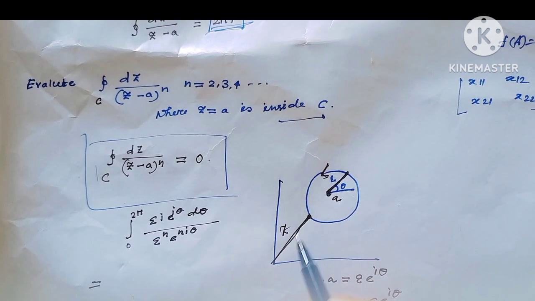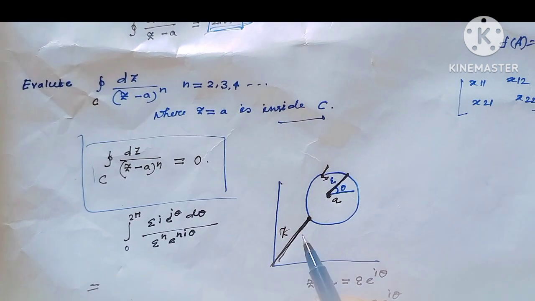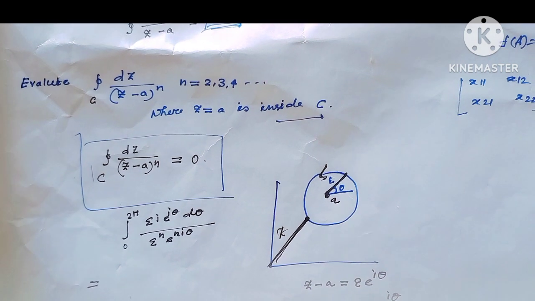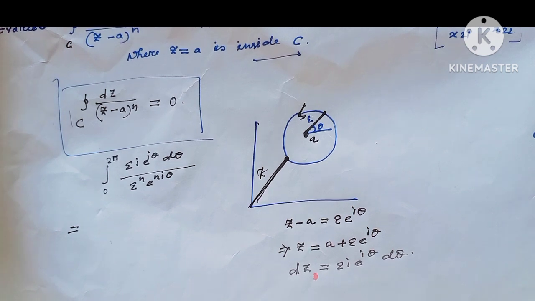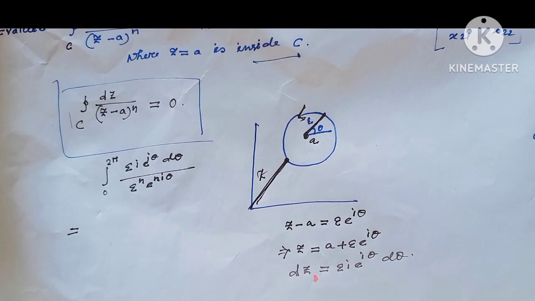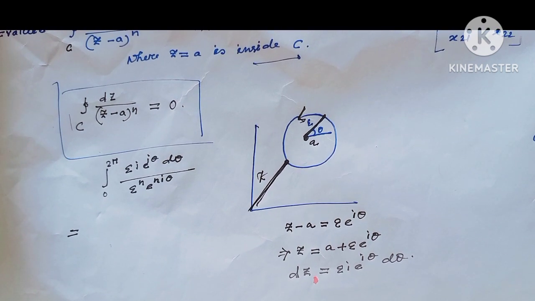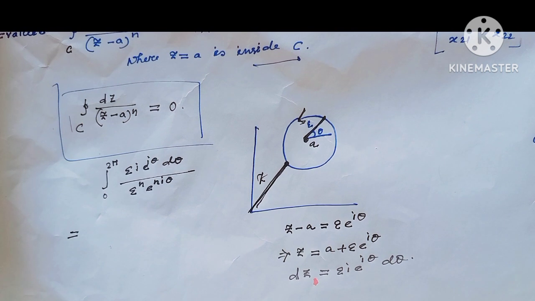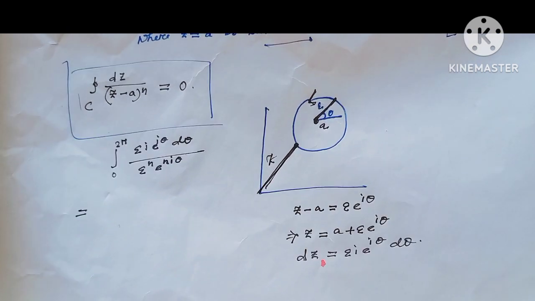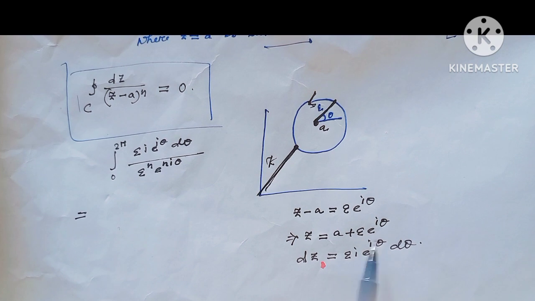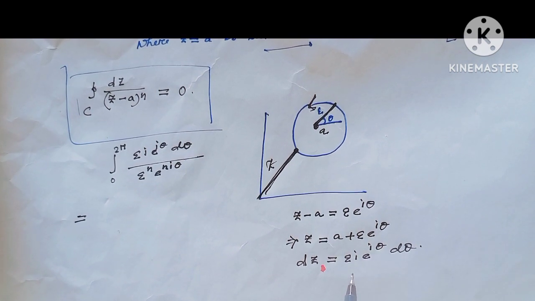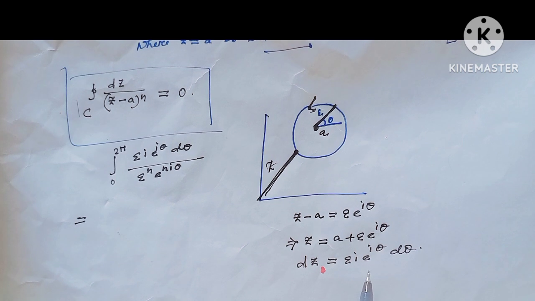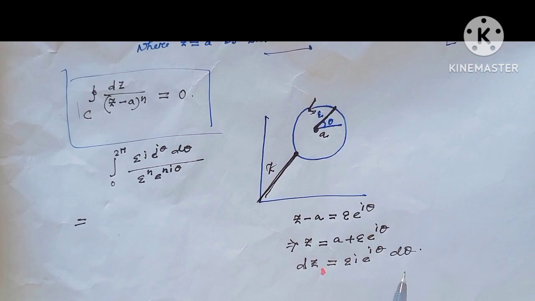This distance from origin to z is here. Then z minus a is epsilon e to the power i theta. That implies z equal to a plus epsilon e to the power i theta, then dz equal to epsilon times i e to the power i theta d theta.